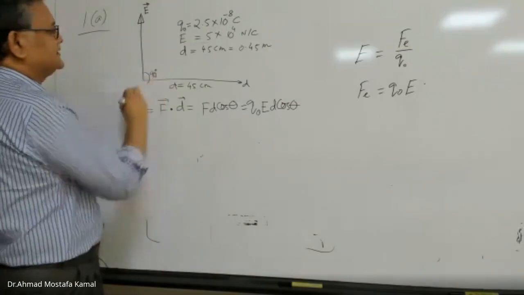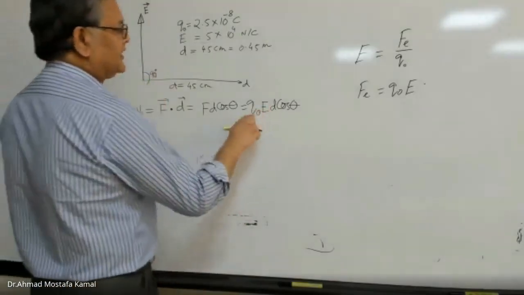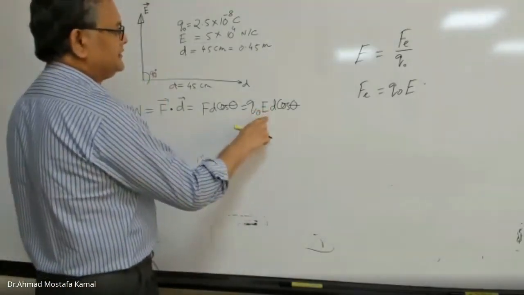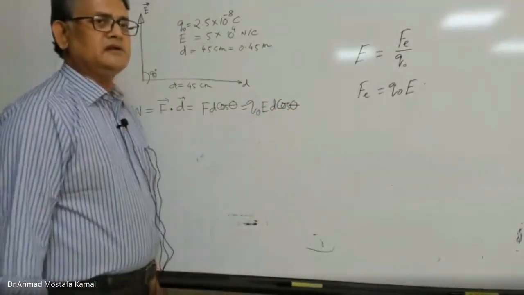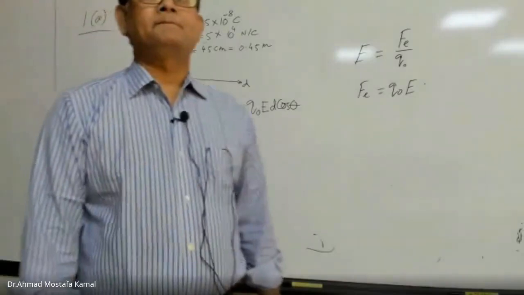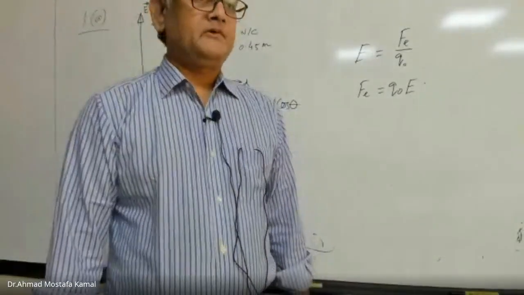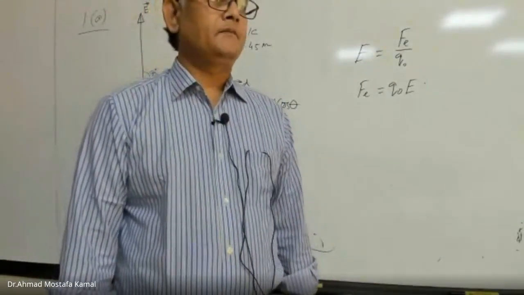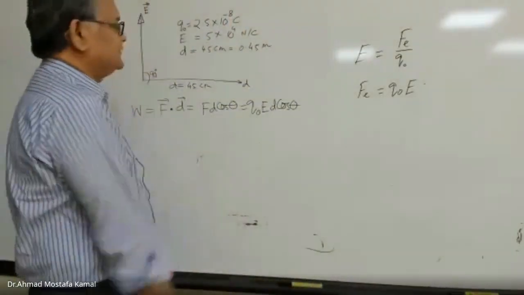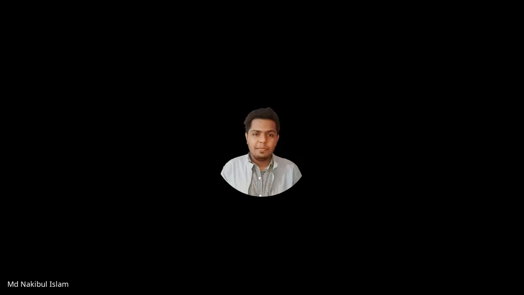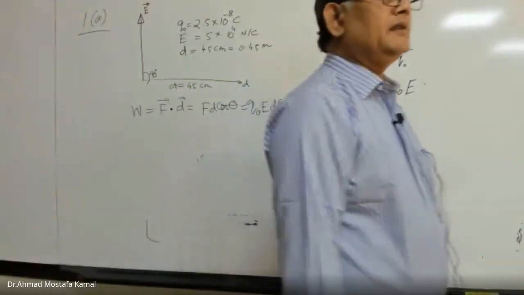So you have Q naught, you have E, you have D, then cos 90 degree. What is the value of cos 90 degree? Zero, sir. So ultimately for number A, it will be 0. Okay. But what about the other problem?